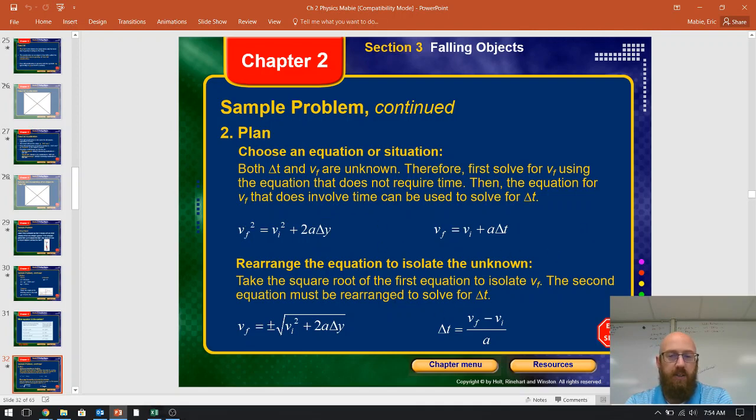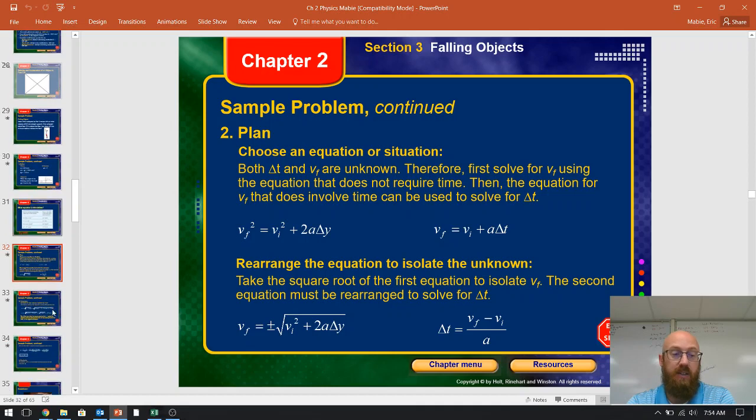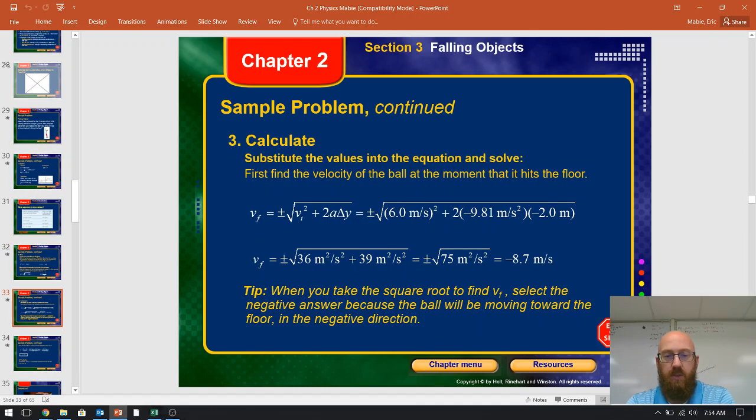Either one will work. The good news is you can pick either one, and this is where my answer key will be twice as long as your work, because I have to see if this one and this one. That way I understand your work. Go, okay, you made a mistake or a math mistake there. So right now we're just going to pick the left one, and I'm going to choose it.